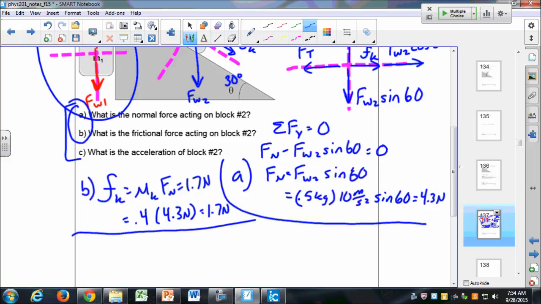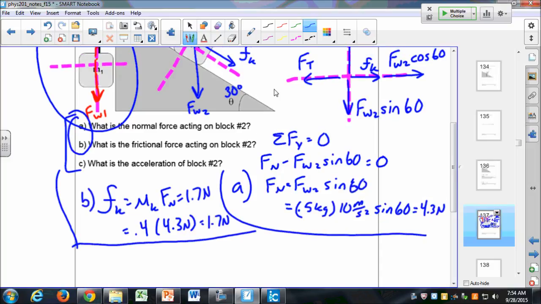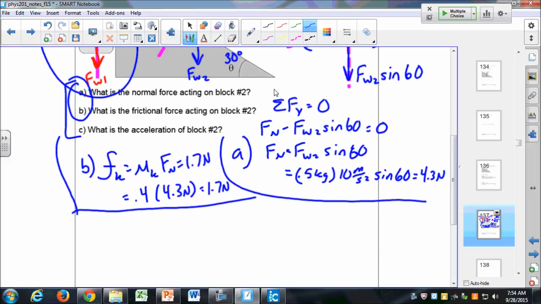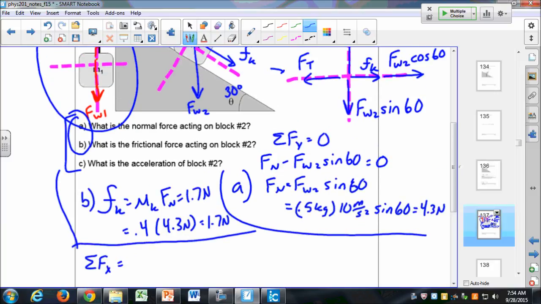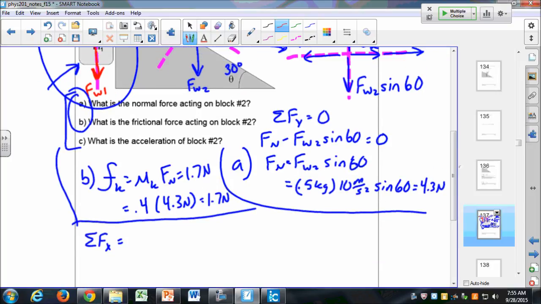Now the hard part of this problem is really part C, is finding the acceleration of block 2. So let's go ahead and write out our equations. I'm going to do the sum of the forces in the x direction for right here. And then we'll also do the sum of the forces in the y direction for this one. Both of those are going to equal ma.